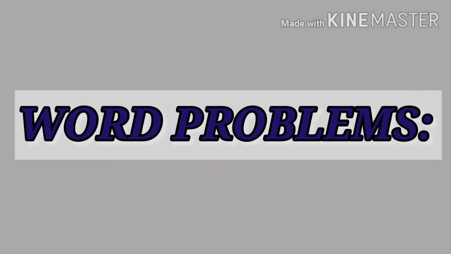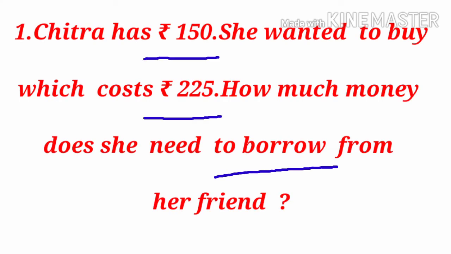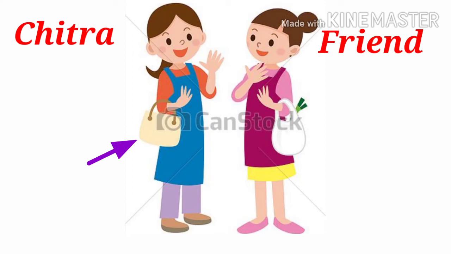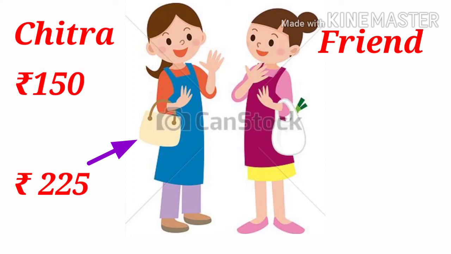Let us do some word problems. Chitra has rupees 150. She wanted to buy a bag which costs rupees 225. How much money does she need to borrow from her friend? The amount Chitra has already is rupees 150, but the cost of the bag is 225.